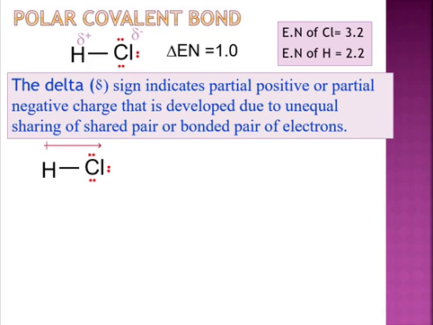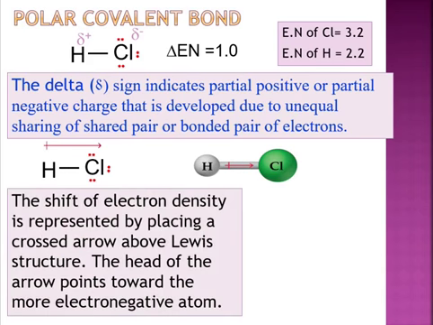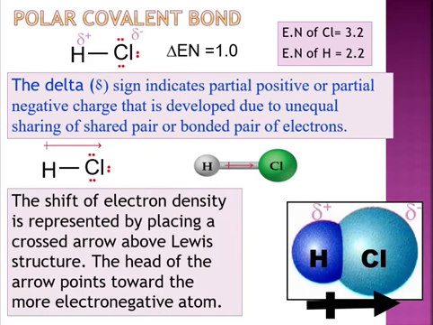So, this shift of electron density is represented by placing a crossed arrow above the Lewis structure to indicate the direction of shift. This is the ball and stick model of HCl, and this is the space filling model of HCl.